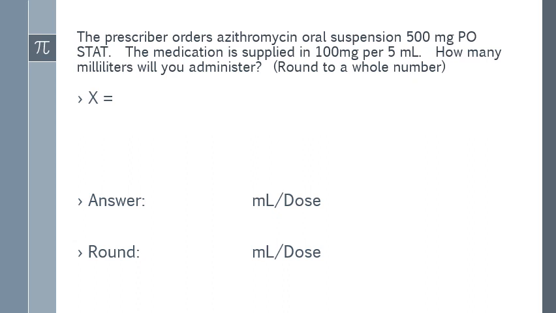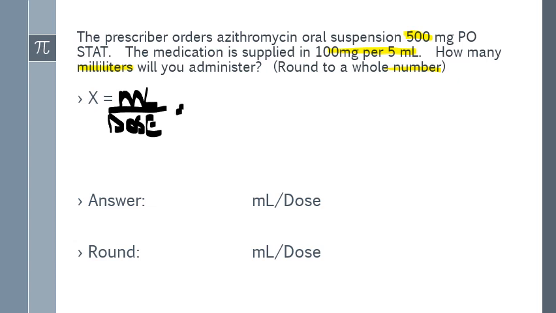The medication is supplied in 100 milligrams per 5 milliliters, so we need to know what's important here. Well, I know that I need to do milliliters because that's what we're asking for, and we know the supply, and we have the order, and we want to round to a whole number. So we're going to do milliliters per dose.